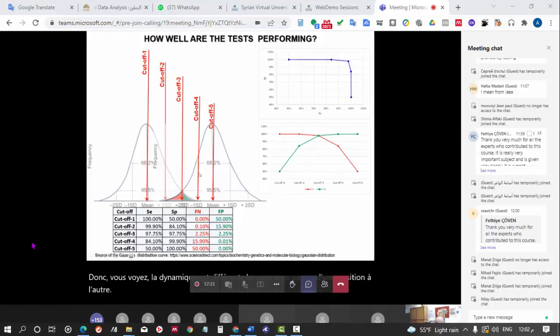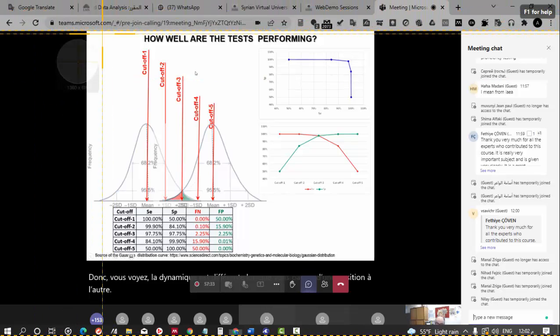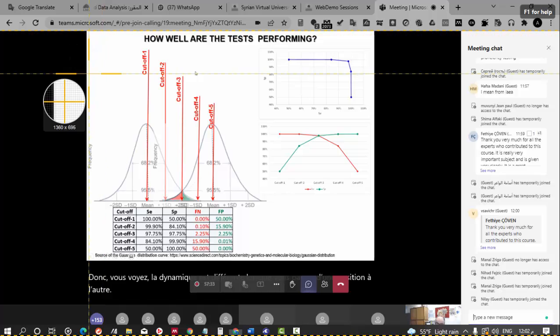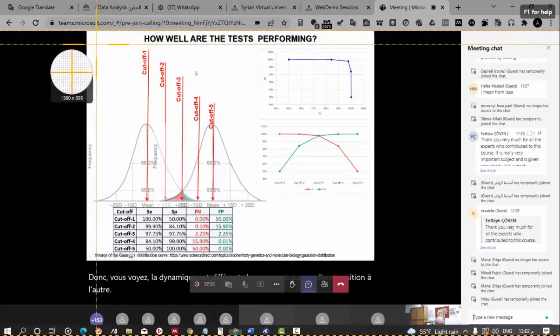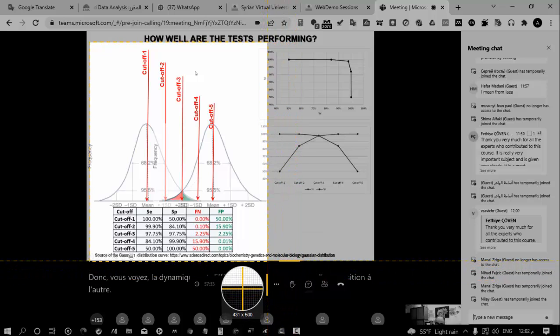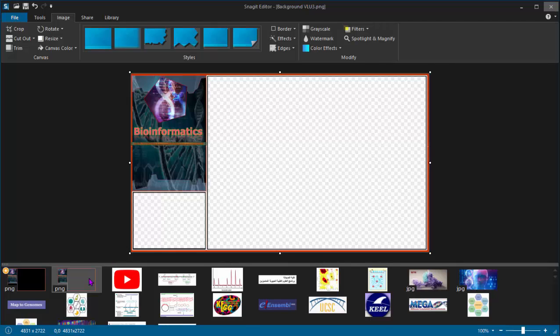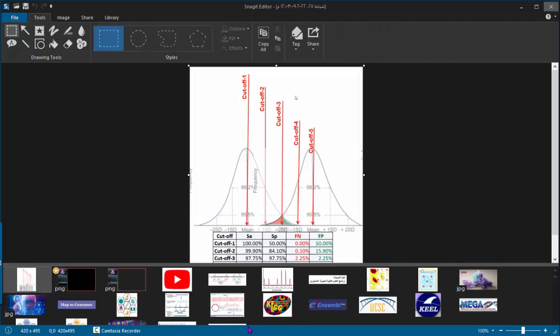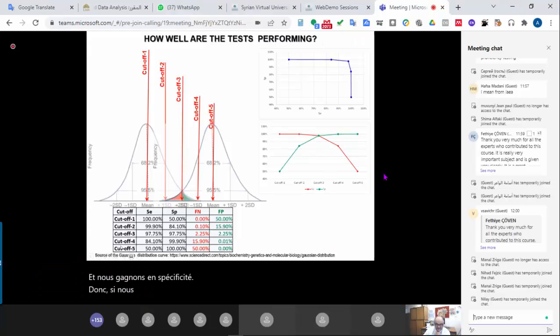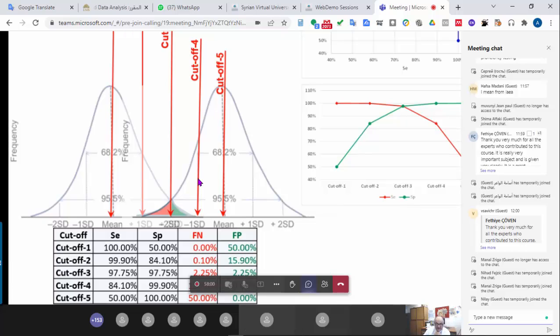We move it further to position 3, we have for both 97.75, 97.75. And we move further to position 4, we are losing the sensitivity and we are gaining on specificity. So if we plot this table here on a graph, one graph is the upper right corner, the blue line here.